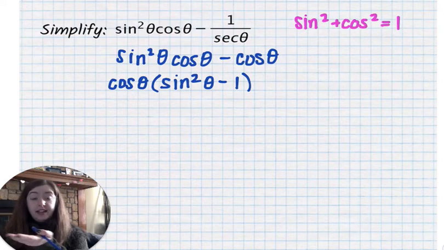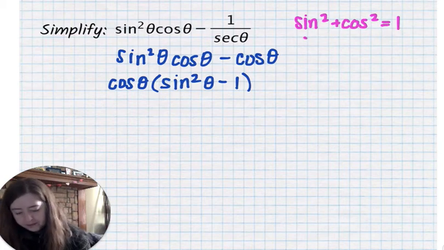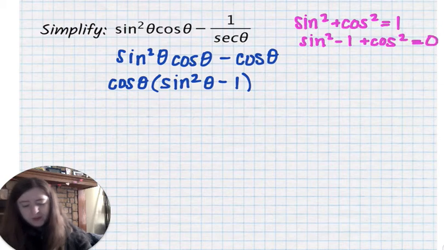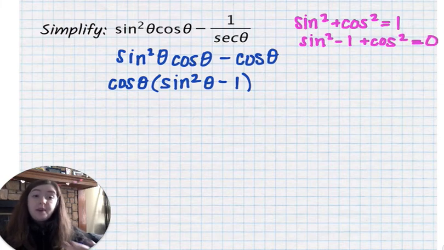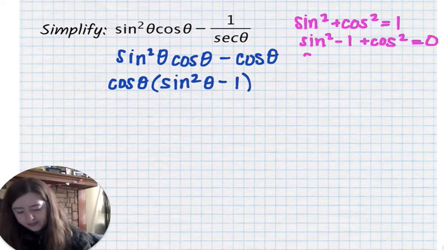Now, in our problem, we have sine squared minus 1. So I'm going to subtract my 1 over. So I can have sine squared minus 1 plus cosine squared equals 0. Now I want sine squared minus 1 by itself, so I'm going to subtract cosine squared to the other side.